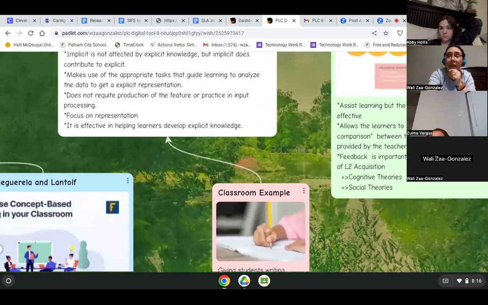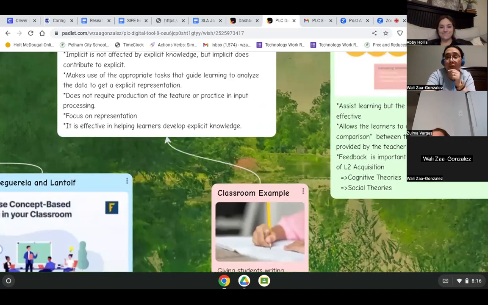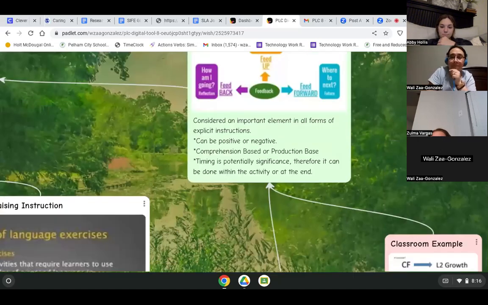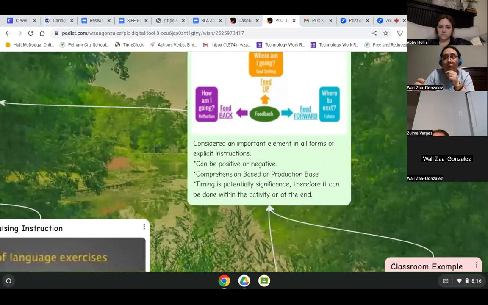And last but not least, our all-time favorite, feedback. Feedback is considered one of the most important elements in all of the forms of explicit instruction. Feedback can be positive or can be negative.